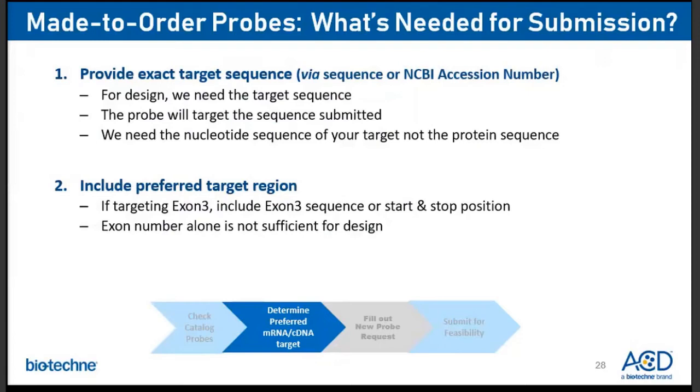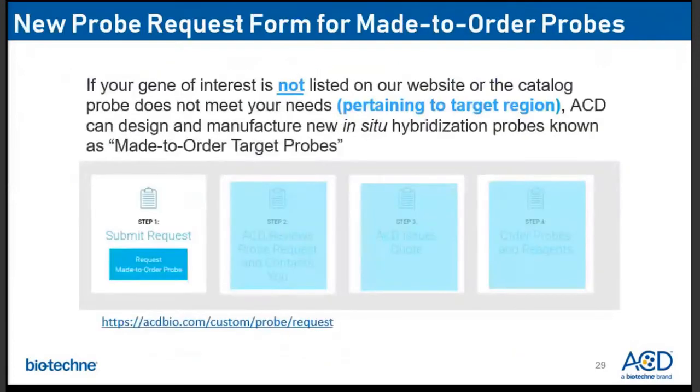Next, we'll get started on what happens if we don't have your gene of interest in our catalog of already 26,000 probes across 140 species. If we don't have it listed on our website or in our catalog, or the probes don't meet your needs pertaining to the target region, we can start the design and manufacture of your own in situ hybridization probes, known as made-to-order target probes.